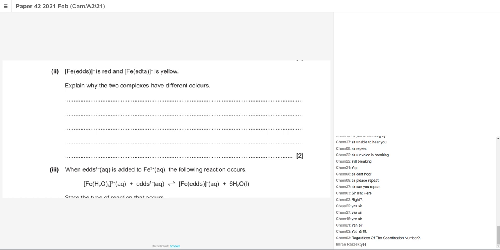As a result, the energy absorbed for the d-d transition to occur is different.